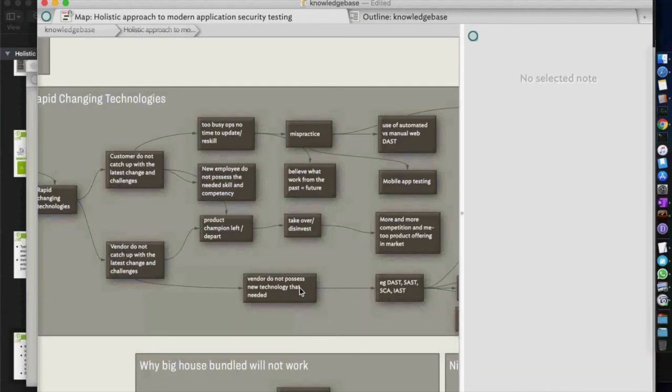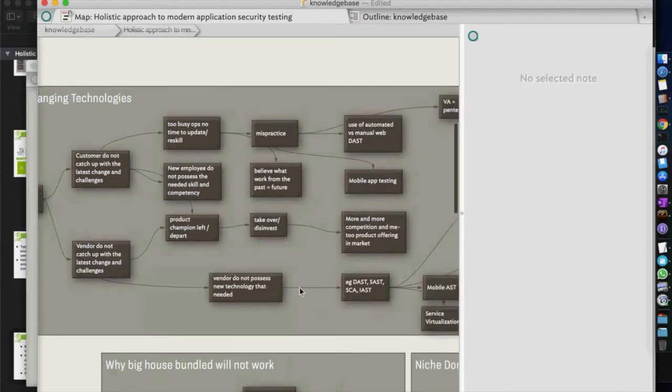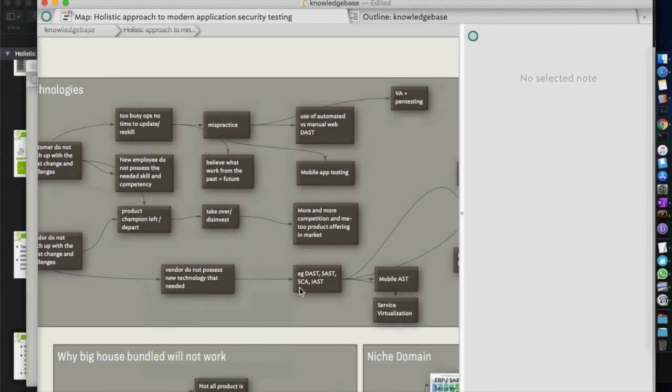For instance, a company may do dynamic application security testing, or static, or software composition analysis, or interactive application security testing. These are all very unique competencies that not all companies will have in one house.